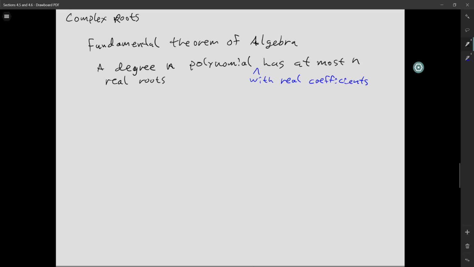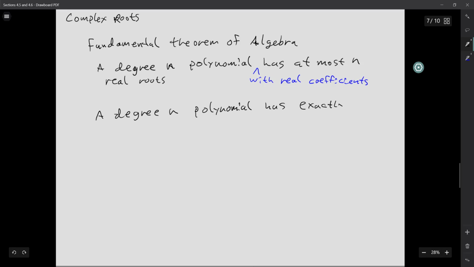But as an addendum to this, since we're talking about complex numbers, a degree n polynomial has exactly n roots. But they're not real roots, they're complex roots. And it doesn't matter what kind of coefficients we have here.